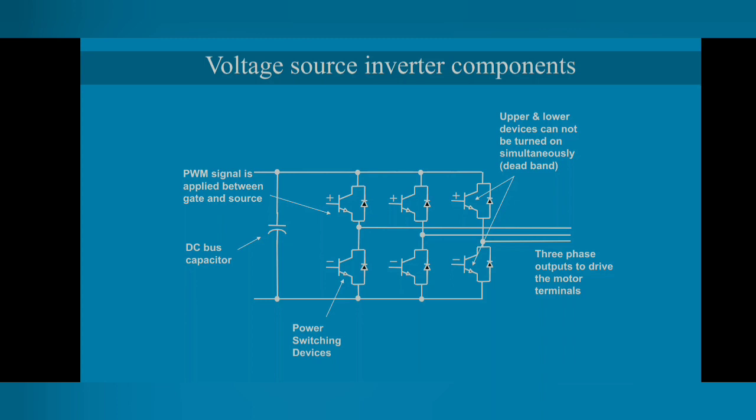But we cannot turn one on and the other off at exactly the same time. In ideal conditions there won't be any effect, but if the switches are non-ideal in nature, they cause a shoot-through problem, so they may get short circuited.